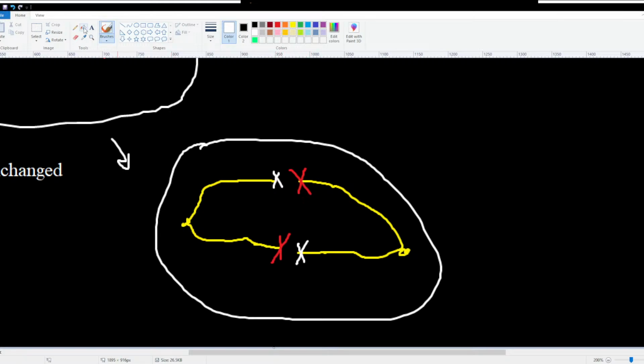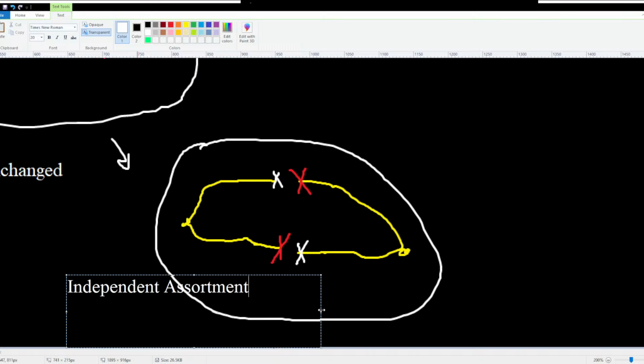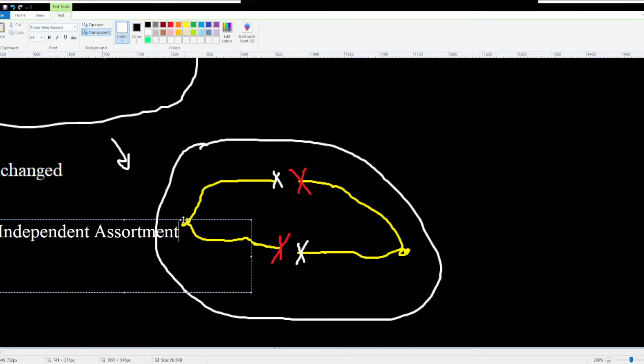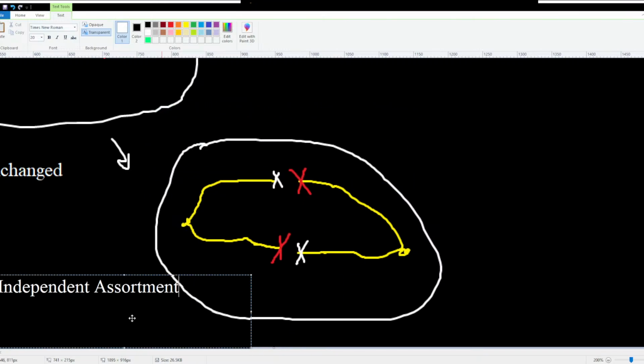Now, this is called independent assortment. I'm trying to find a good place for this. Okay. Independent assortment. So what is that?